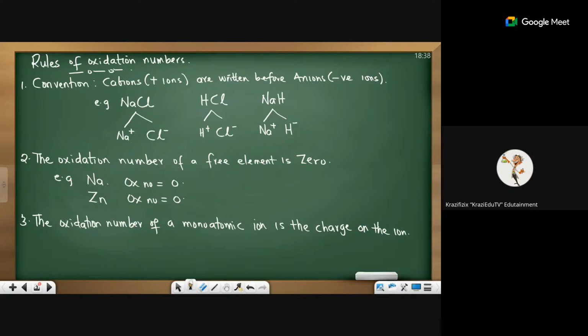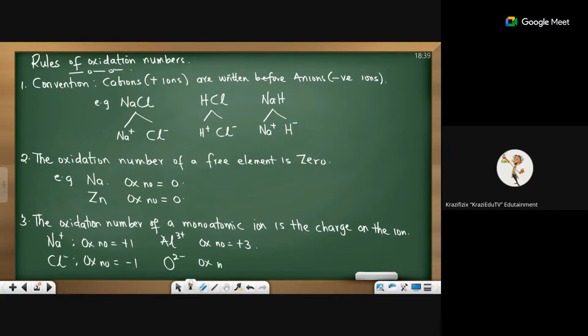For example, if I tell you Na plus, what is the oxidation number? Positive 1. Cl minus? Negative 1. Al3 plus? Ox number, positive 3. O2 minus?